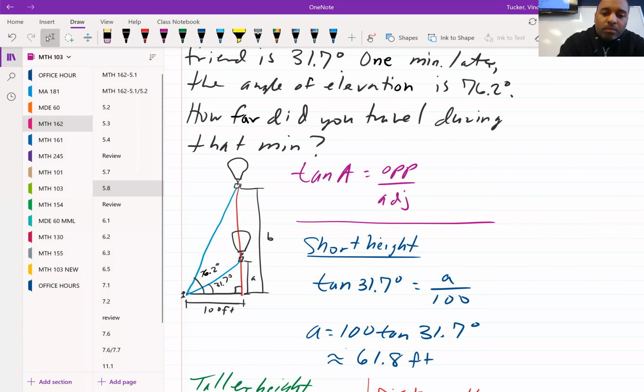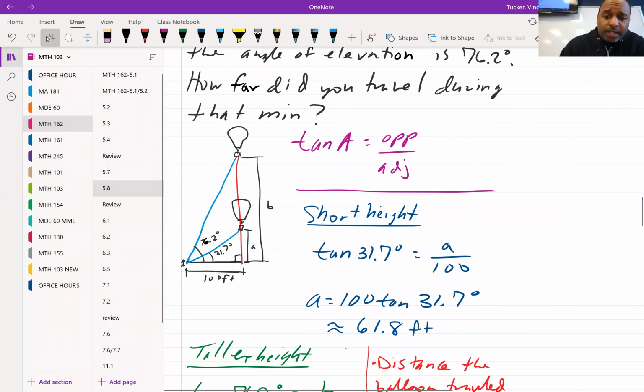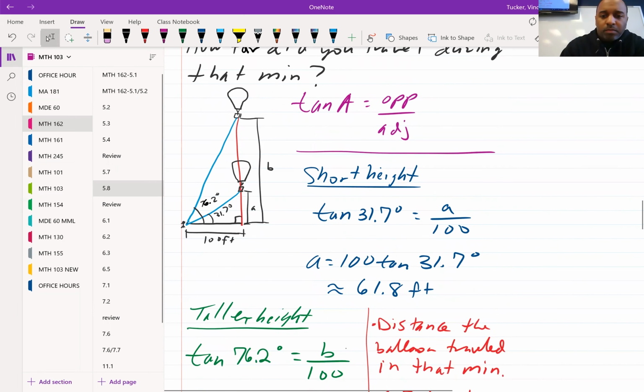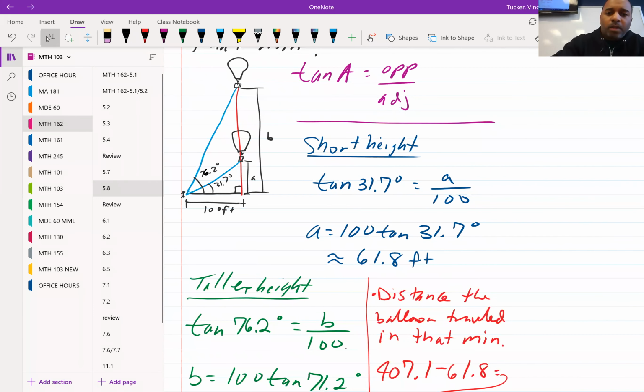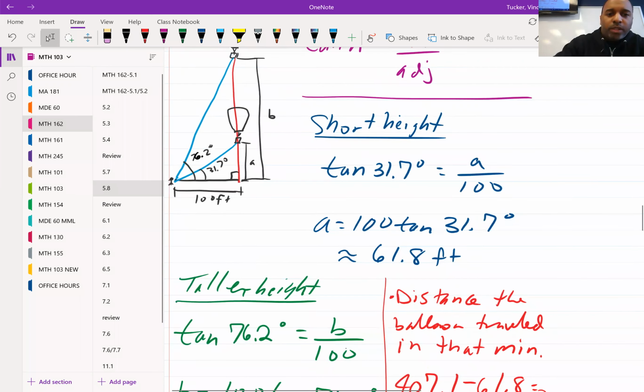And then you solve by multiplying both sides by 100. That gives me 61.8 feet. All right, is everybody okay with the short height before we get to the taller height?